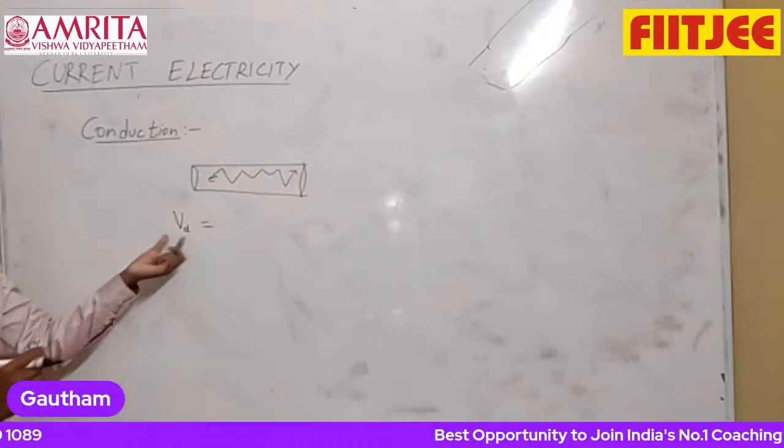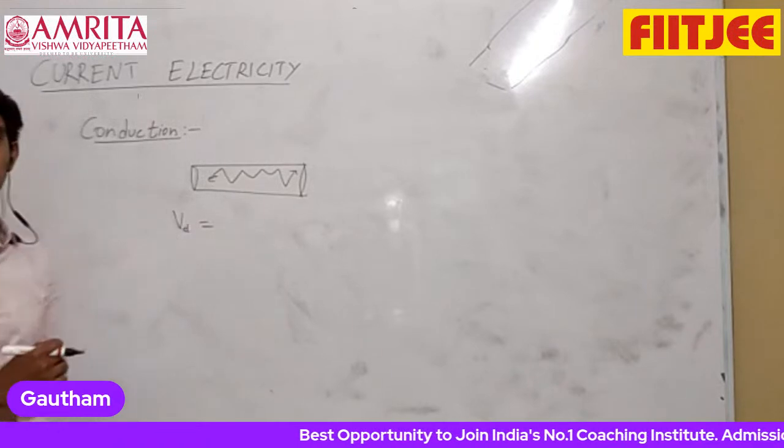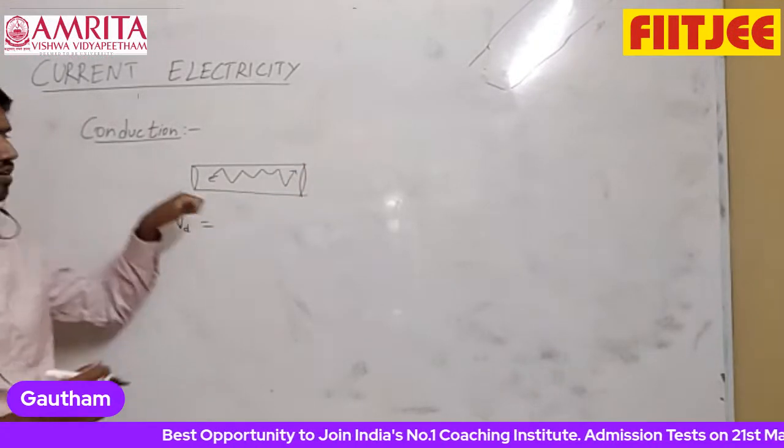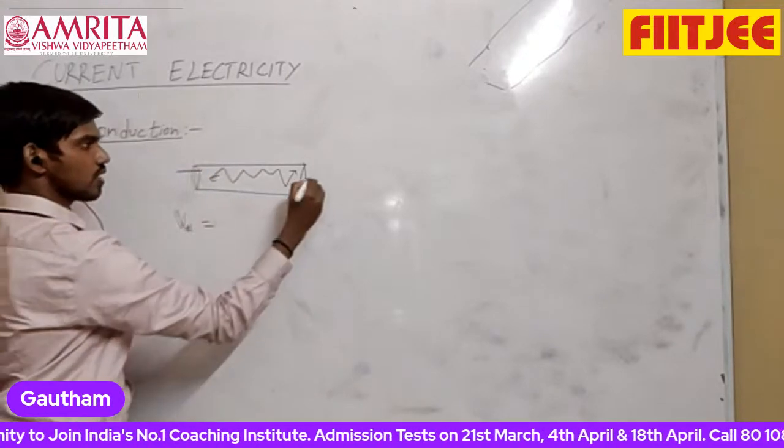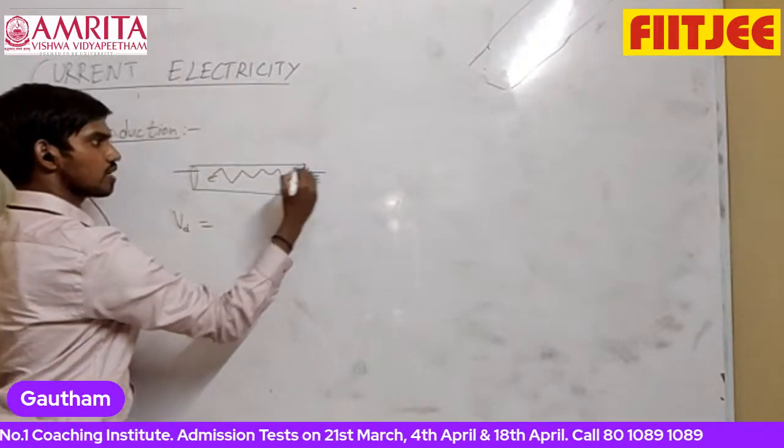Drift velocity is the average velocity of all the electrons inside a conductor when you are applying some electric field in the conductor.